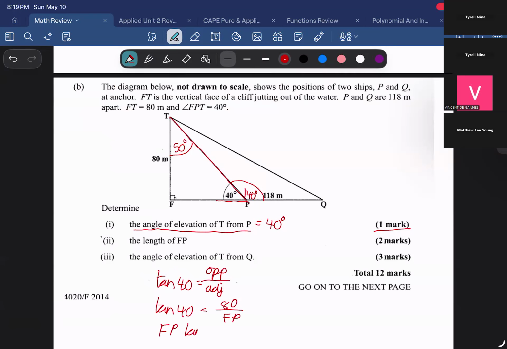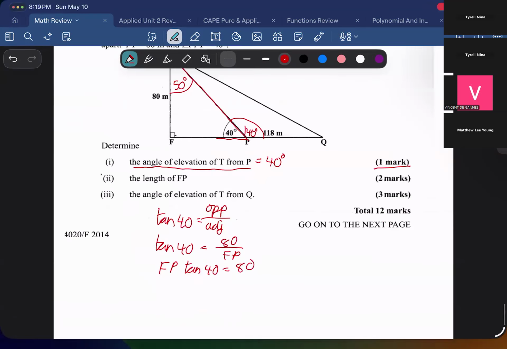FP tan 40 is 80. So FP is 80 over tan 40, which is 95.35 meters.